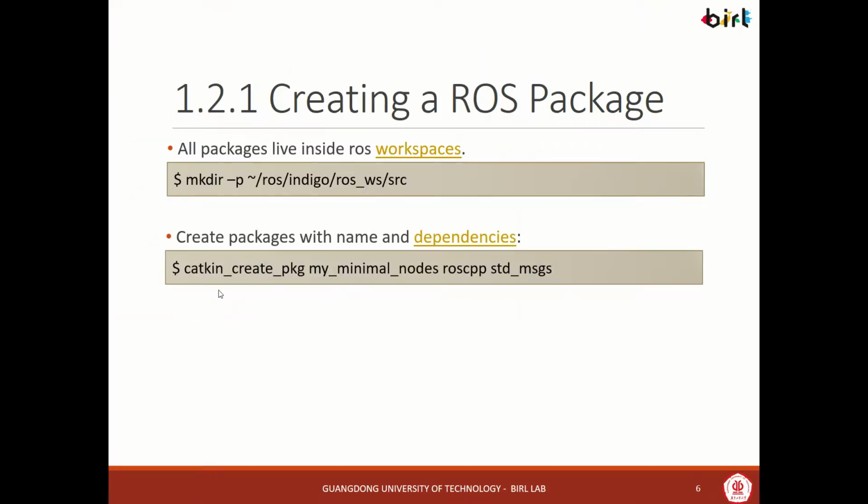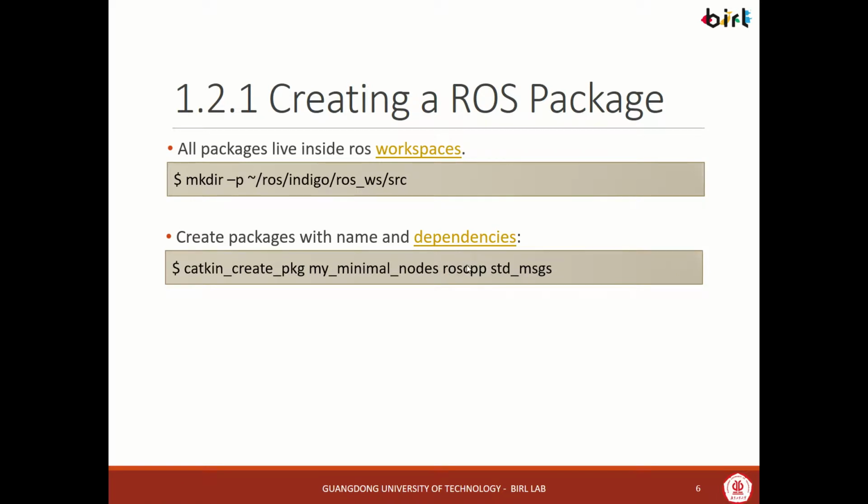Now, ROS has a tool called catkin create package. This tool allows us to create a package with whatever name we give here. For example, my minimal nodes. And finally, we need to introduce a third set of arguments, which are dependencies. Dependencies are other pieces of code that a package might depend on.